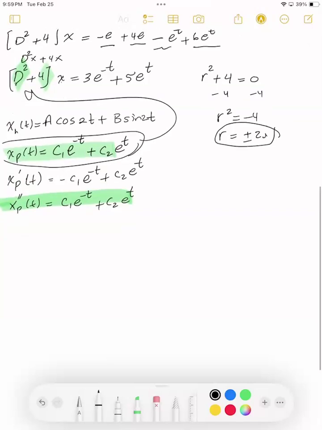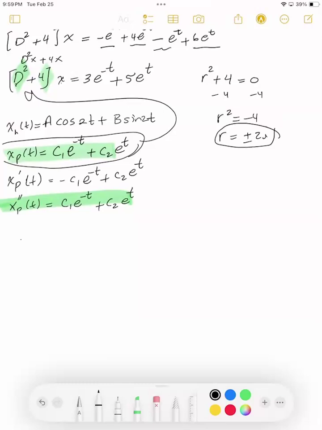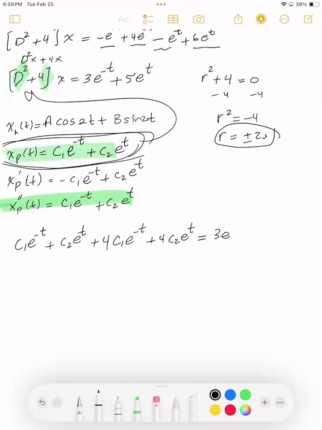So I get C1 e to the minus t plus C2 e to the positive t plus 4 times x, which is C1 e to the negative t plus 4C2 e to the power positive t. And then we set this equal to 3e to the negative t plus 5e to the positive t. We are going to collect like terms.